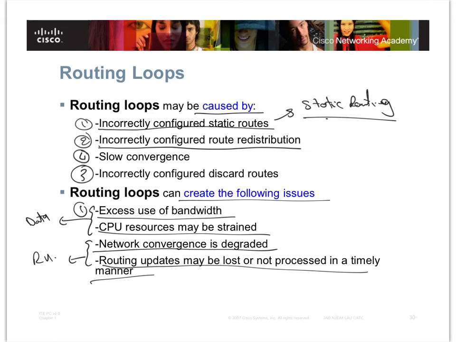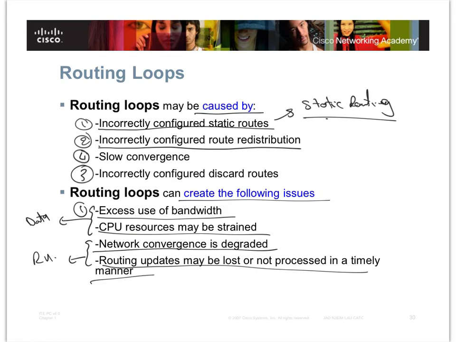So it's best for us to do everything to avoid routing loops from happening. But remember, routing loops happen because the routers maintain a partial view.